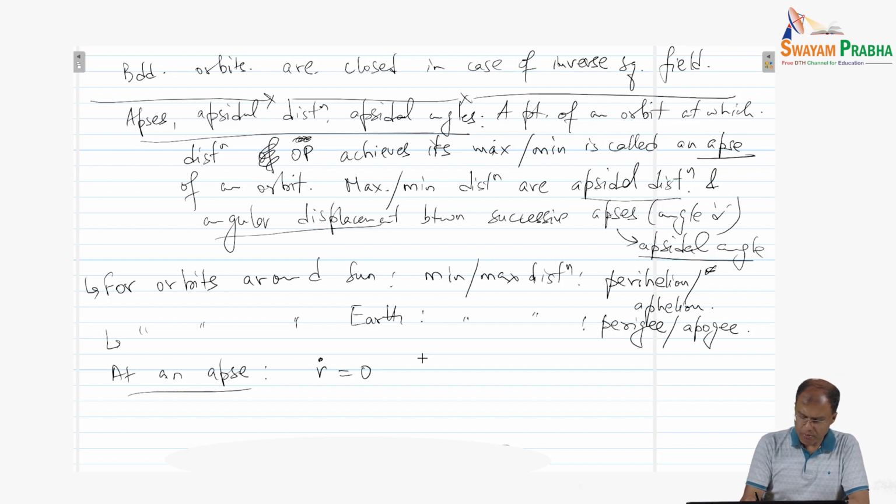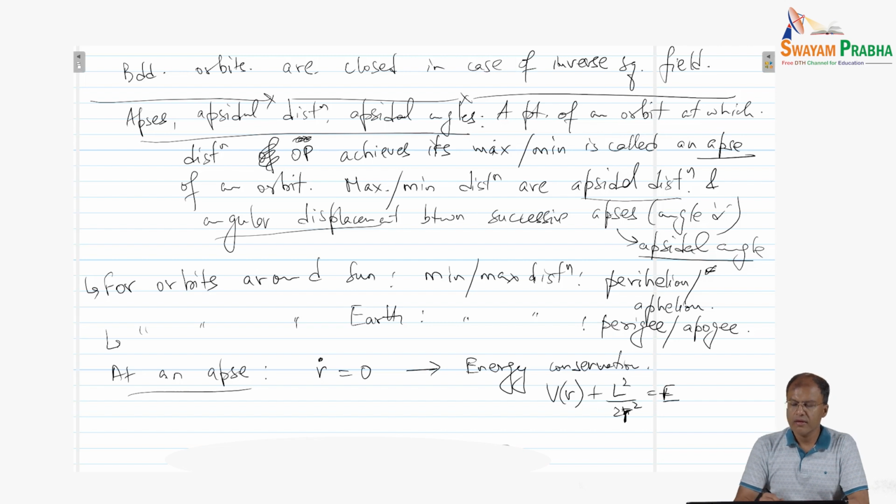And hence from energy conservation, we have that V(r) plus L squared by 2r squared is equal to E. Right?